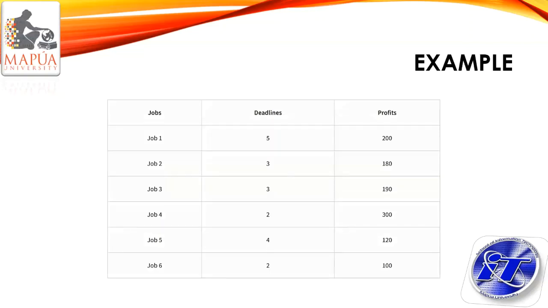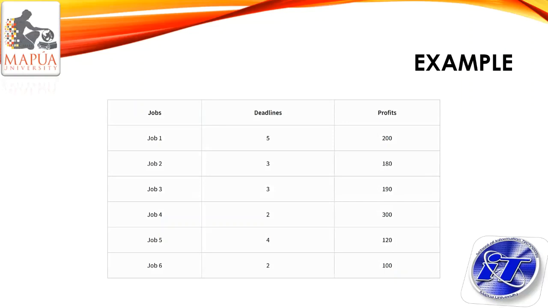So we have 6 jobs, with deadlines and profits. Job 1, deadline 5, profit 200; job 2, 3, 180; job 3, 3, 190; job 4, 2, 300; job 5, 4, 120; job 6, 2, 100.